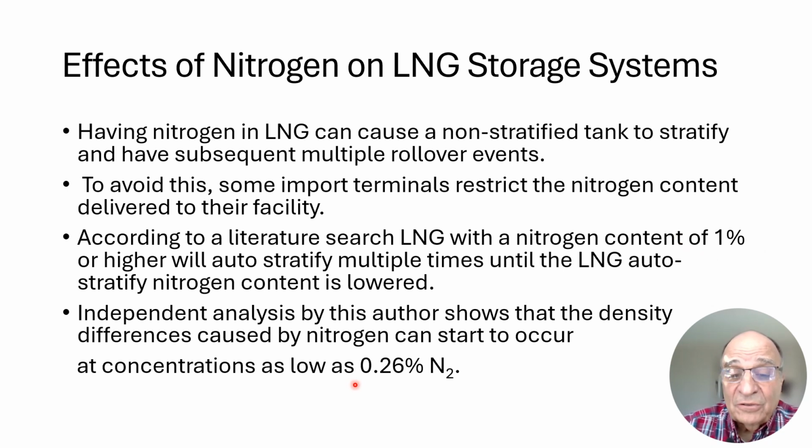And I came out, in my own analysis, to 0.26% as being the inflection point where the density changes. If there was no nitrogen, your density continuously gets more dense. But if you have nitrogen in your LNG, the density becomes less dense, and then eventually, as your nitrogen gets low enough, the density starts to increase. You'll see that graphically shortly.